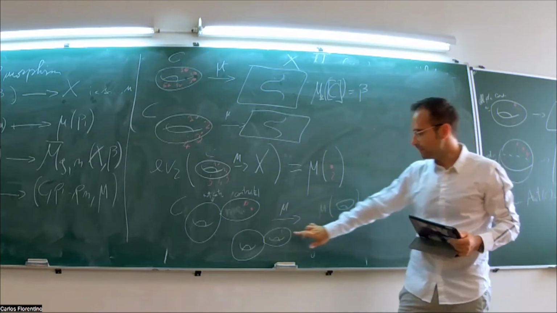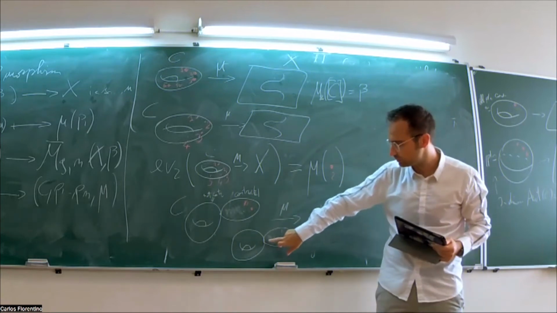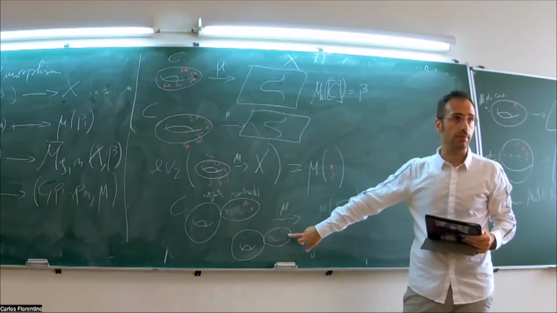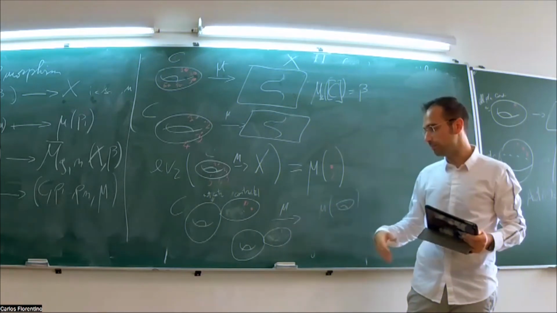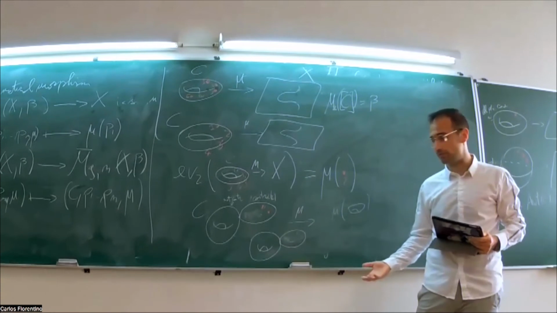What happens if I forget one of the marks? This component now has just 2 points among the mark and singular point. So if this is contracted, this is not stable.